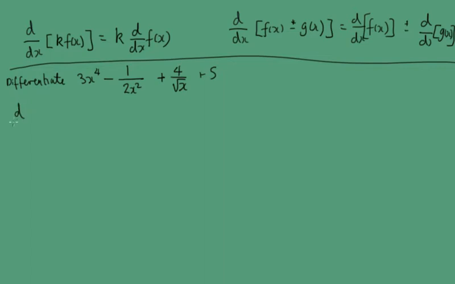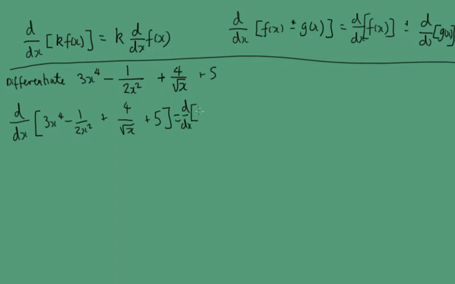So we'll go d by dx of 3x to the power 4 minus 2x squared plus 4 over square root of x plus 5, and now we're going to rewrite these.